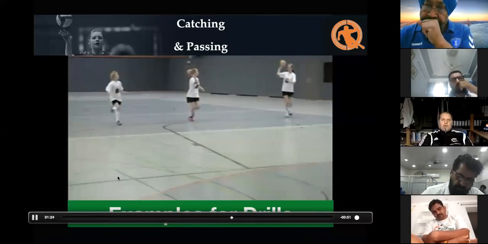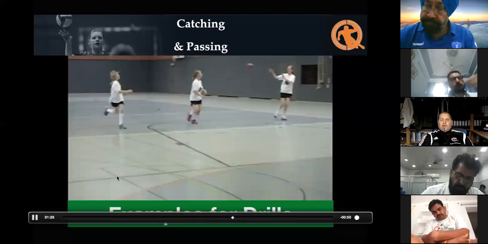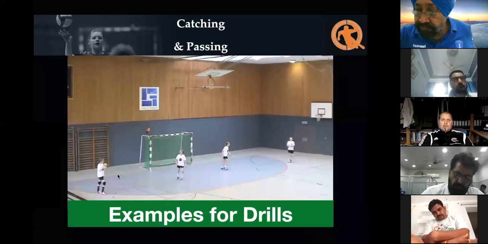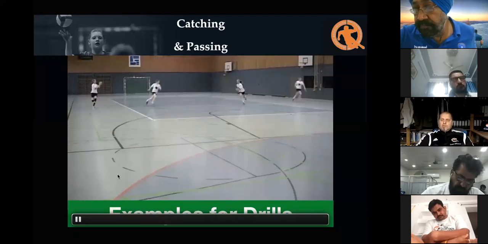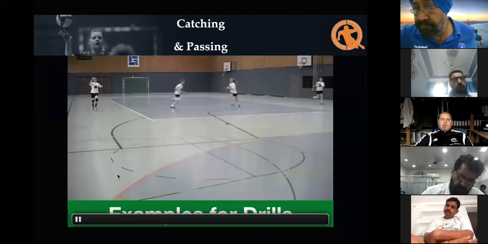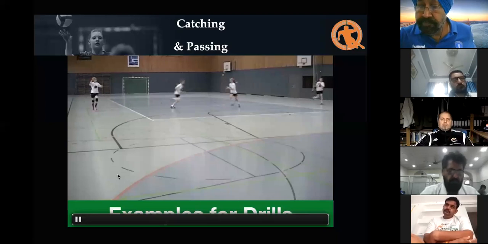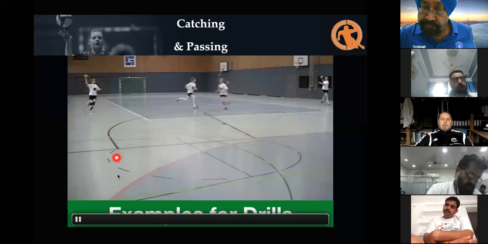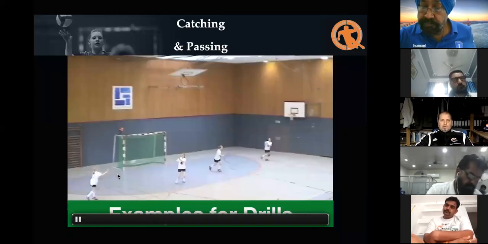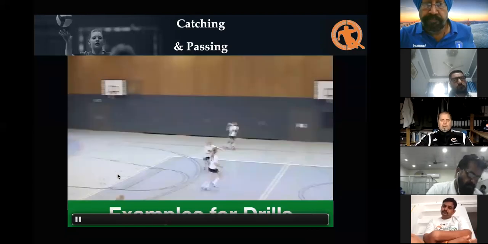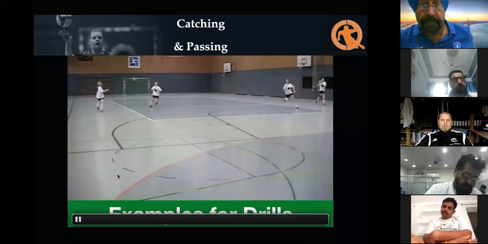And finally, with 4 players and 2 balls and different variations of running. So ball is always given from outside player to inside player and back, but then in the inside position, they change. Cross, pass, in and out, cross, and pass, in and out.